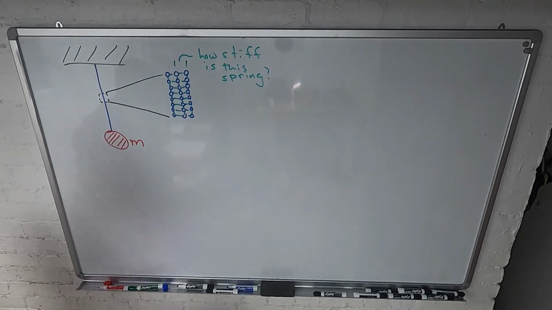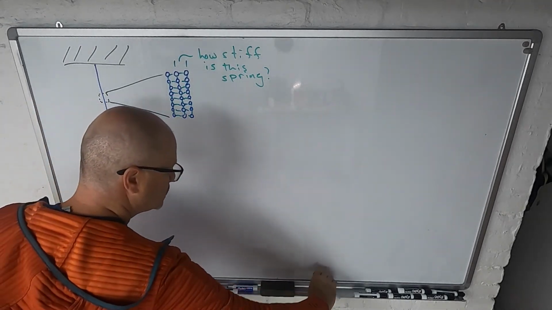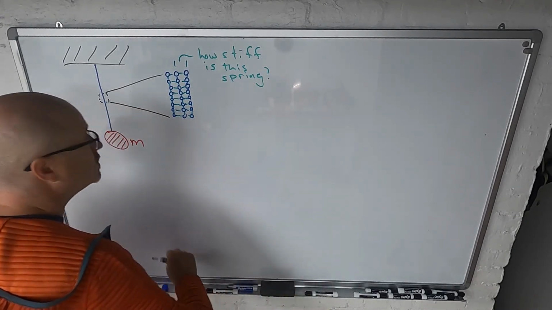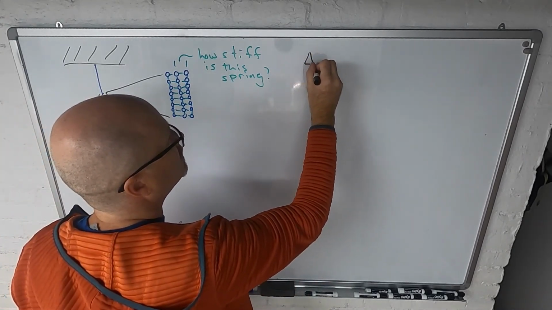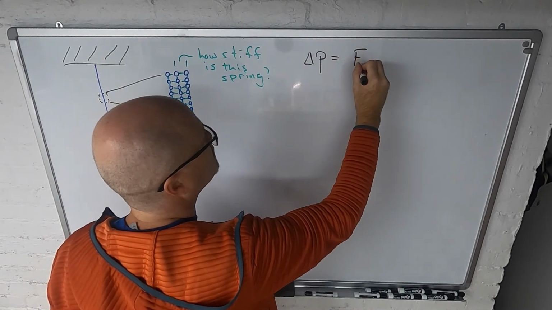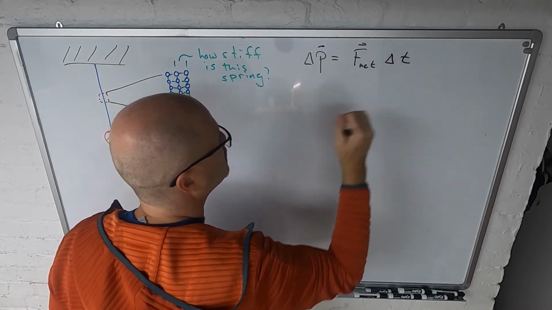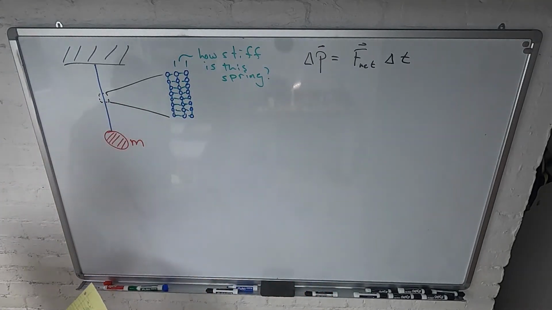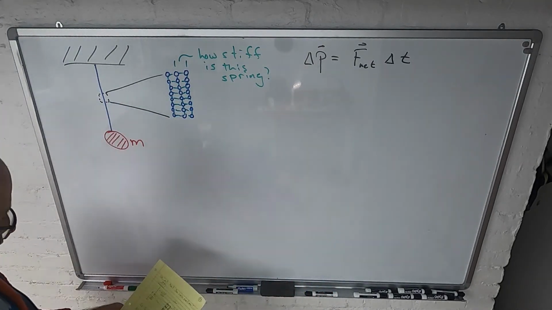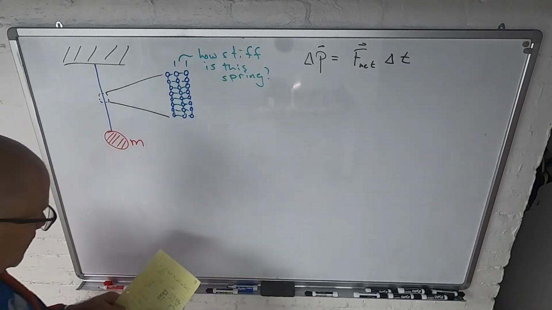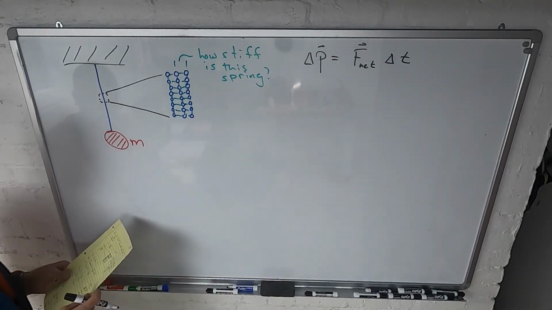Okay. So what we start with always is the momentum principle. We know that delta P is equal to F net delta t. And from that we can derive everything. So what I'm going to do is define some things.